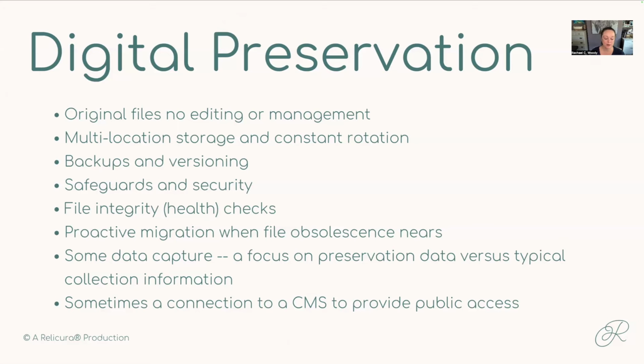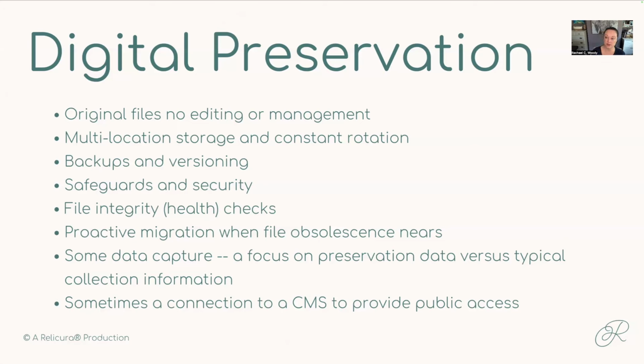So yes, security is important for any of these systems, but especially so if you are thinking about your preservation system. We need to think about the file integrity or the file health checks. So making sure that the file still has all of its bits that it started with. We need proactive migration when file obsolescence nears.